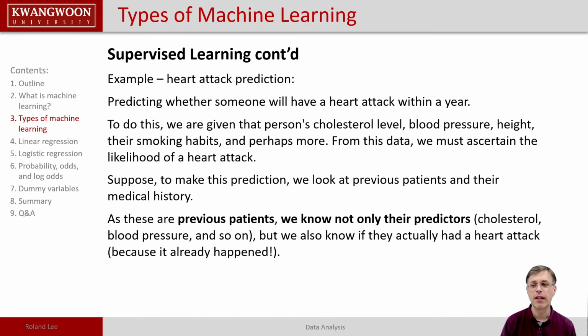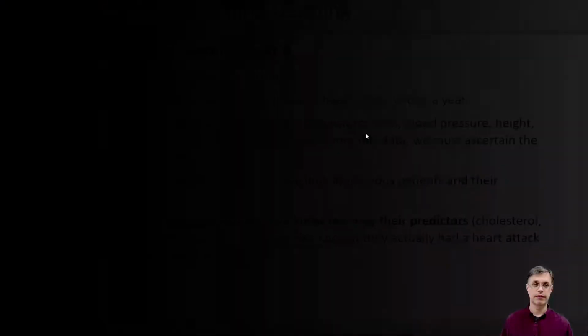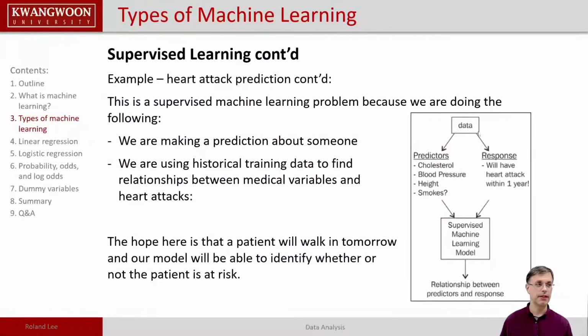Now, this is a supervised machine learning problem because we are making a prediction about someone using historical training data to find relationships between medical variables and heart attacks. So here you see data, predictor and response: the cholesterol, blood pressure, height, smokes, and then will it have a heart attack within a year? And the supervised machine learning will recognize the relationship between predictors and response.